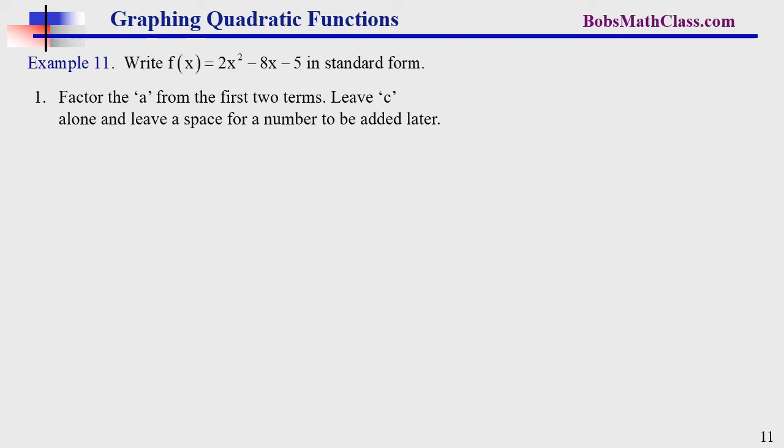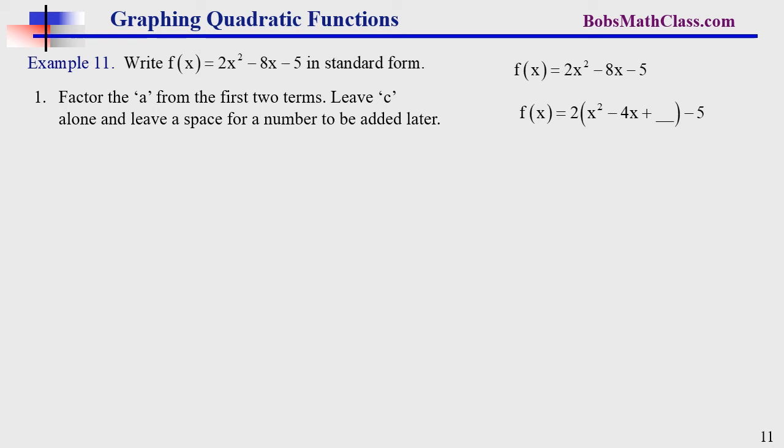And then we're going to leave the negative 5 alone, but you're going to leave a space for a number to be added later. All right, so here we go. Factor out a 2 for the first two terms, leave a space, and put the negative 5 outside the parentheses. So we're just kicking the negative 5 over to get it out of the way.